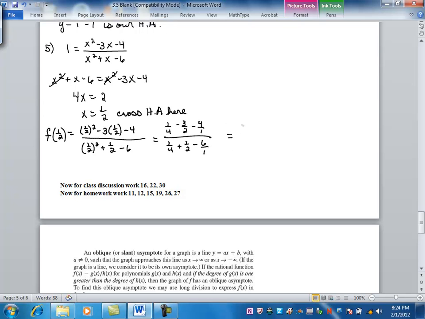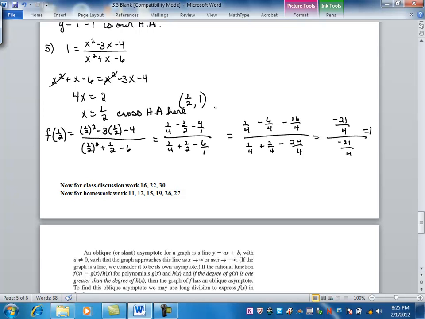Well, let's see what we get here. 1/4 minus 6/4 minus 16/4 all over 1/4 plus 2/4 minus 24/4. Negative 22 plus 1 is negative 21 over 4. And then 3 minus 24 is negative 21 over 4. Well, how about that? We're going to cross the horizontal asymptote at (1/2, 1).